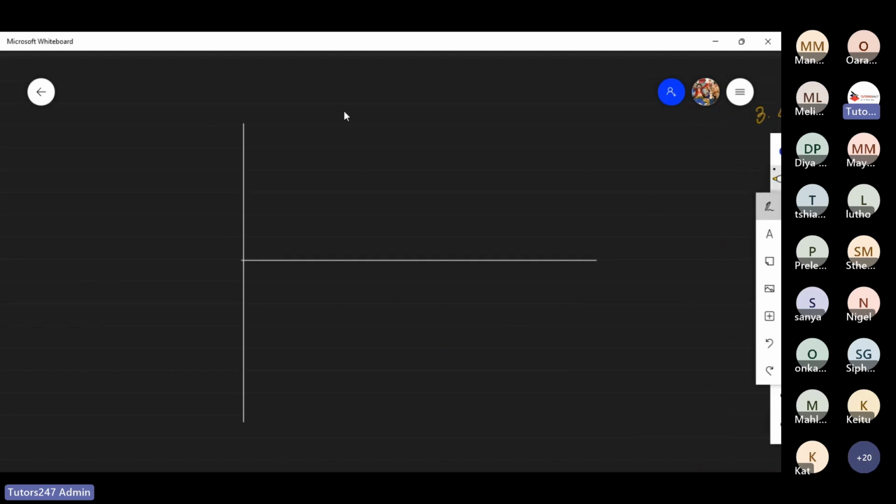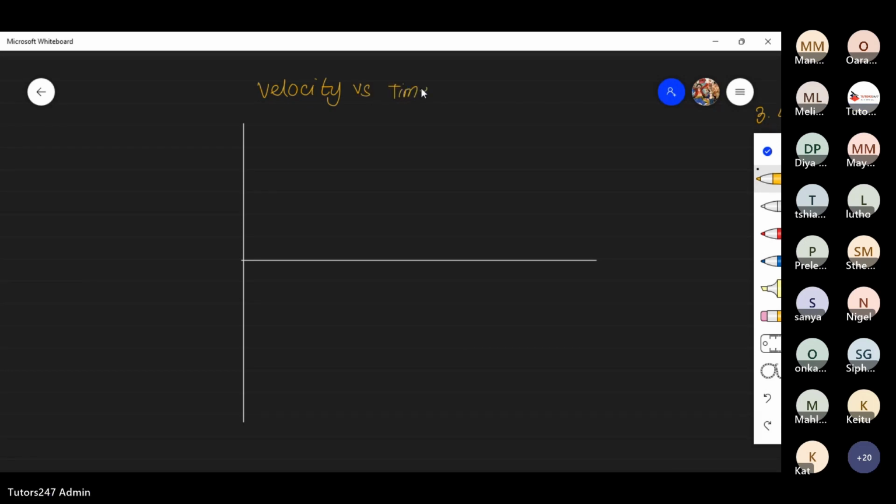So this is a velocity versus time graph for ball A. Now, let us label our axis. So we know this is going to be our 0 mark. This is velocity, which is meters per second. This is going to be time, which is measured in seconds.